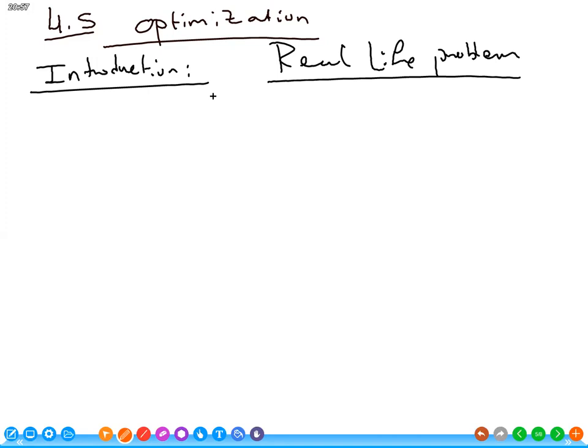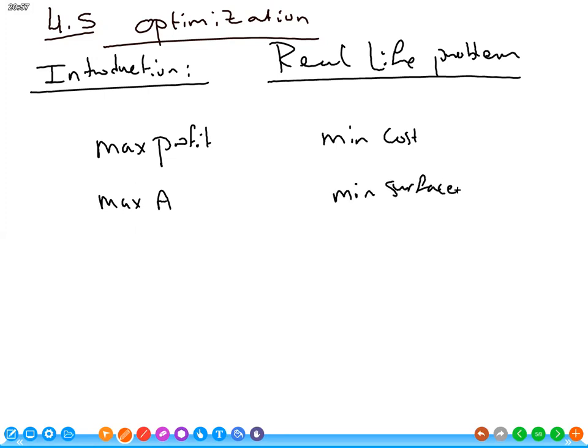Here, step one, you must determine which function you want to maximize or minimize. For example, if I want to get a maximum profit, if the function represents a profit, the minimum cost, the maximum area, the minimum surface area of some shape, the maximum volume, the minimum perimeter, and so on.